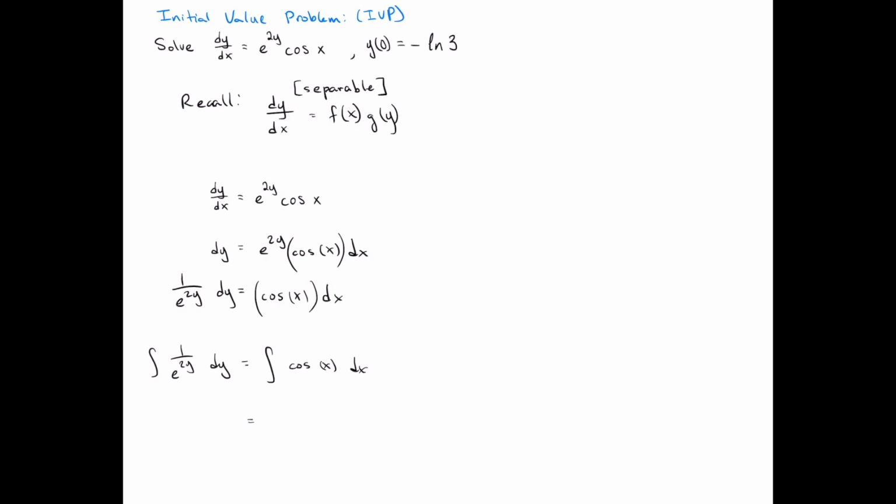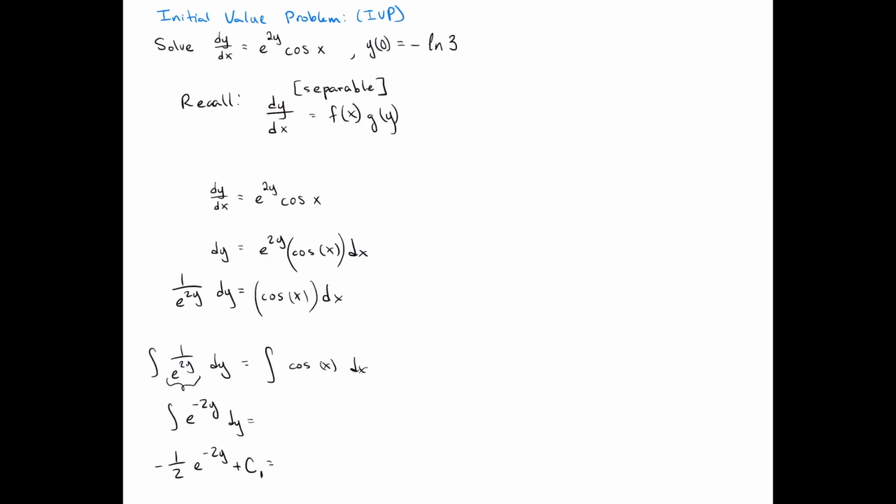So the integral of the left side becomes, we can rewrite it, e to the negative 2y. That's equivalent to this fraction, dy. And if we integrate it, it will become negative 1/2 e to the negative 2y, plus c, and I'll denote it with plus c sub 1.